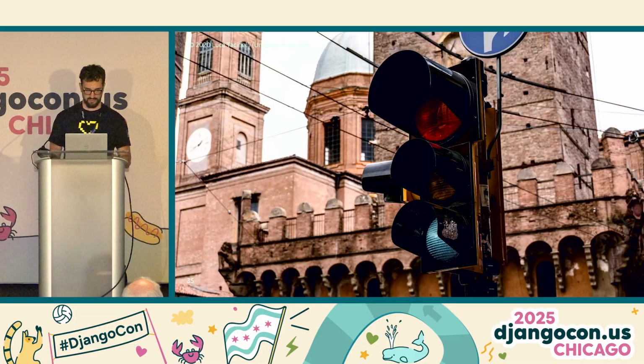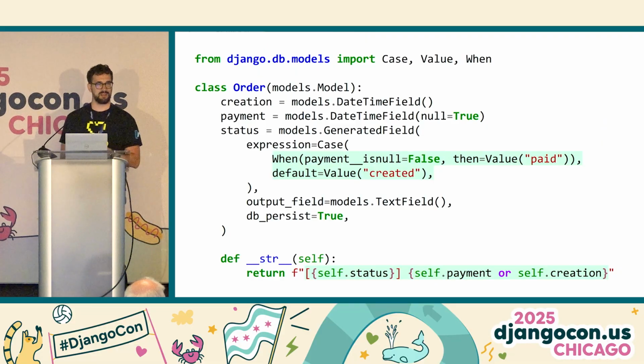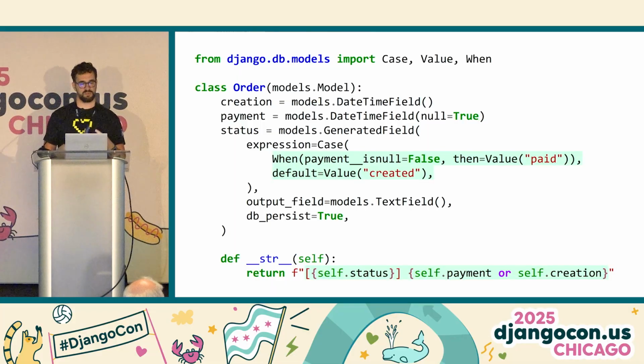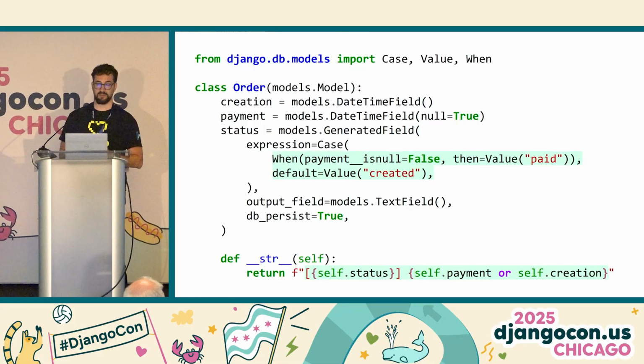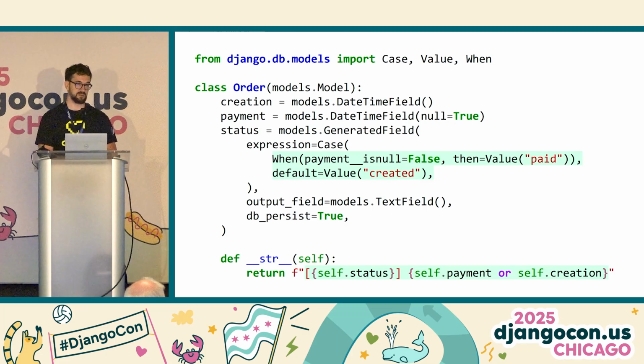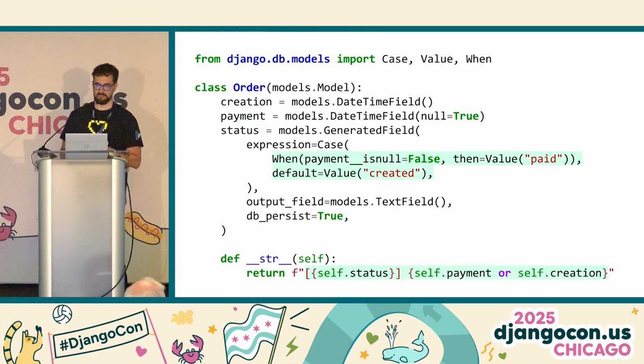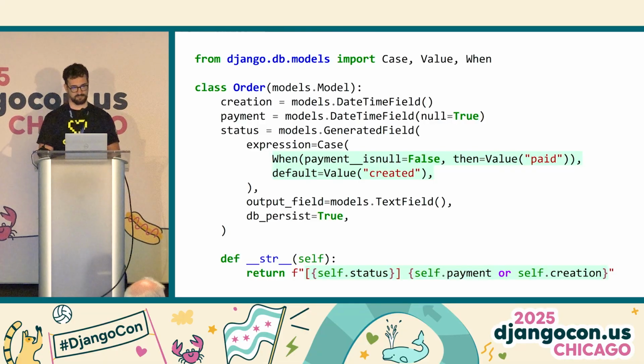So in this case, we are going to create something like that. We have an order class with 2 datetime fields. One is mandatory and the other one is nullable. And based on the presence of these 2 datetime fields, we are going to instantiate the status field using some conditional expression.